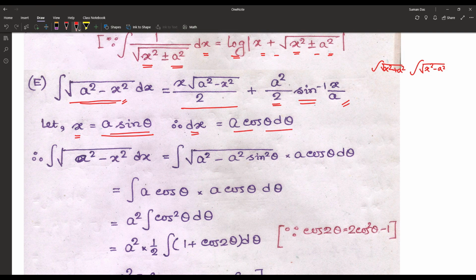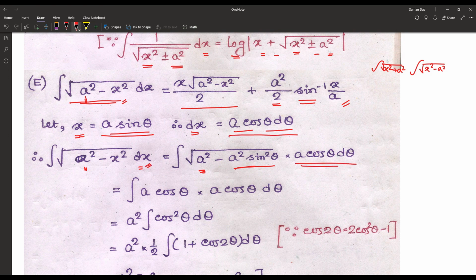Now look at this. If we consider x equal to a sine theta, just putting the values here in the integral of square root of a square minus x square dx, we can write a square for x as a square sine square theta, and for dx we already know it is a cos theta d theta.